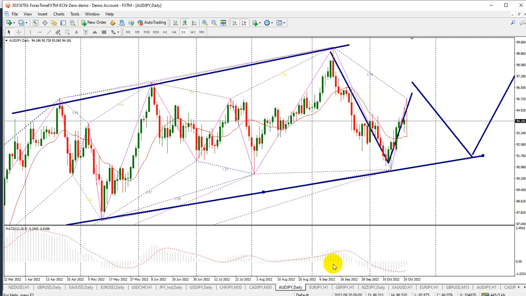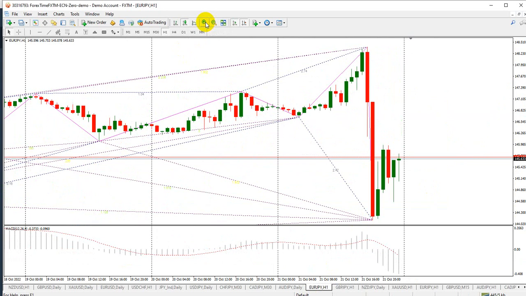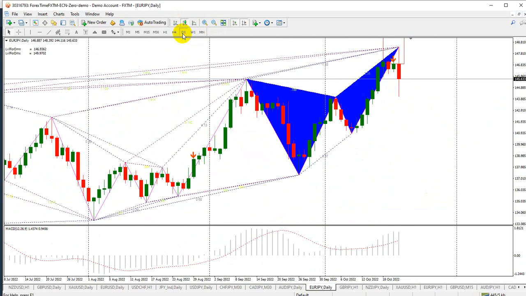Alright, so let's look at Euro JPY. Let's look at what is happening on Euro JPY. Okay, let's look at daily time frame first. On daily time frame, you can see the nice setup.